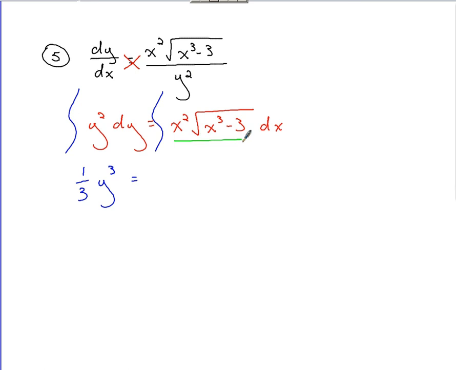This is not set up in a form that we can take the antiderivative of efficiently right now. In fact, we're going to have to use some U-Substitution. We've got this root involved, so I should let u equal the x cubed minus 3 under that root.